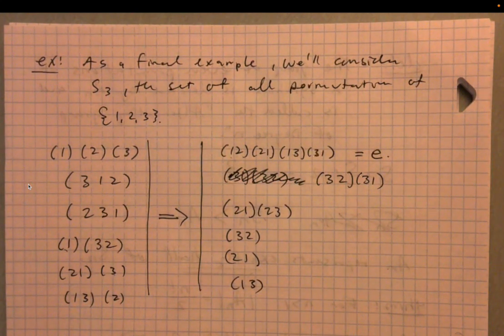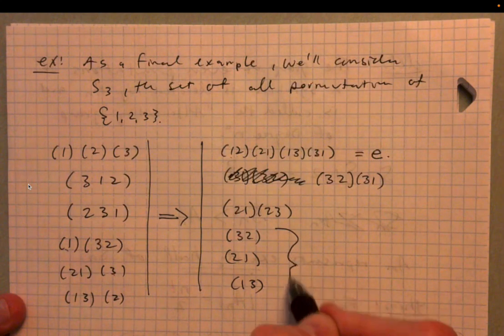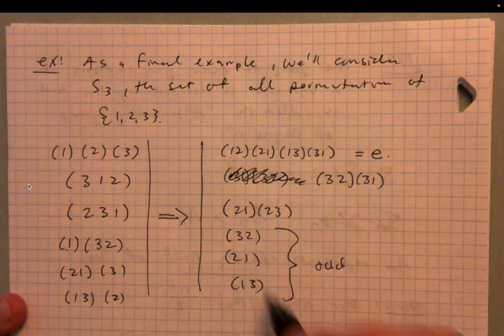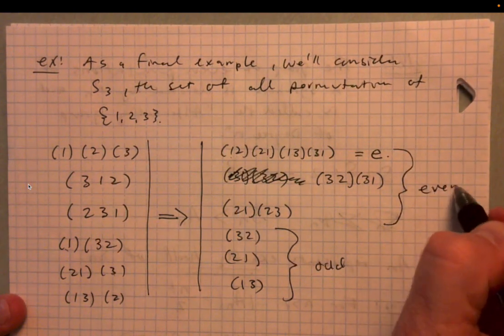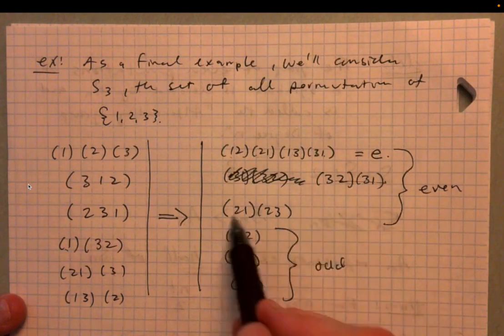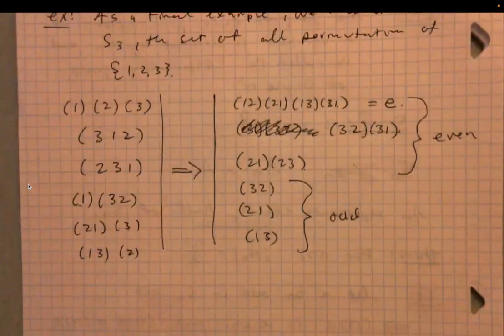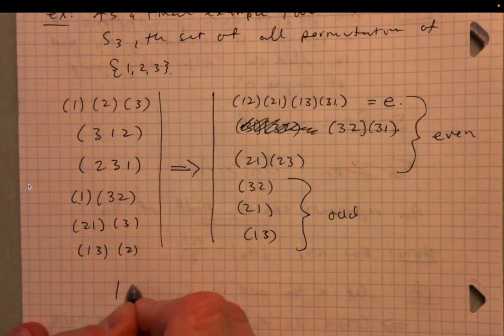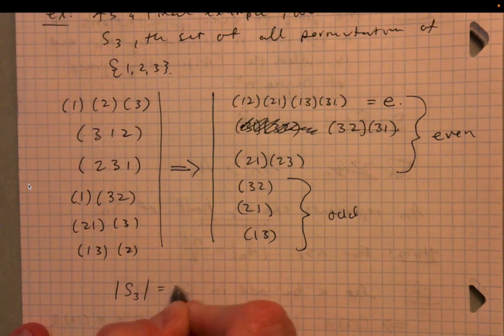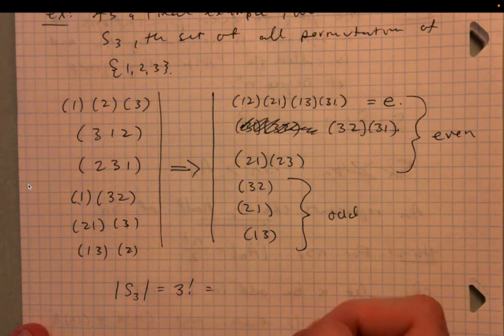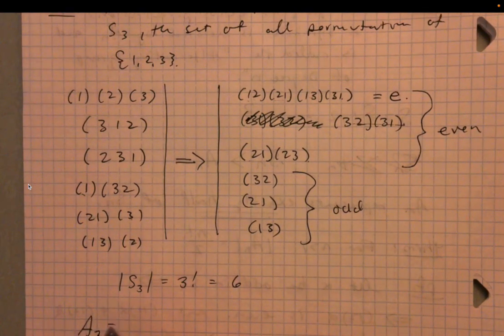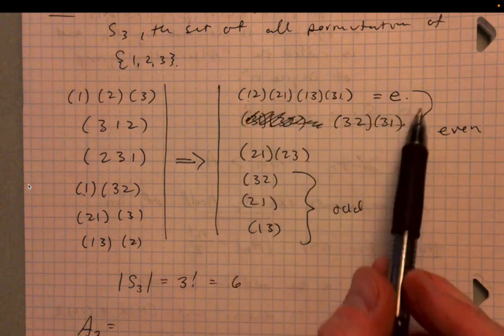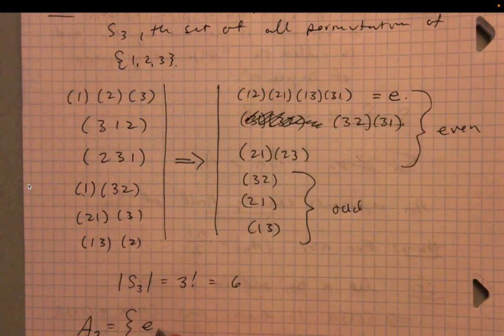Now, these 3 here are all odd, right? They have 1 2-cycle. These up here are all even, right? So here we've got 4, 2, and 2. The order of S3 we know is 3 factorial, which is 3 times 2 times 1, which is 6. And we can see that A3 is going to be the evens, so A3 will be the identity.